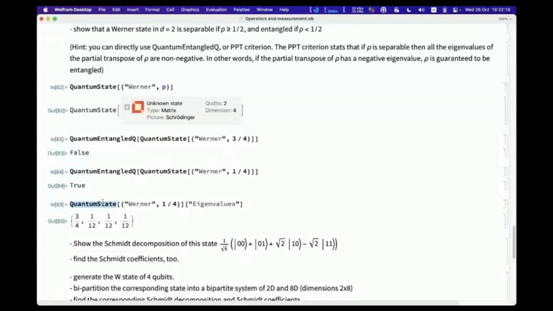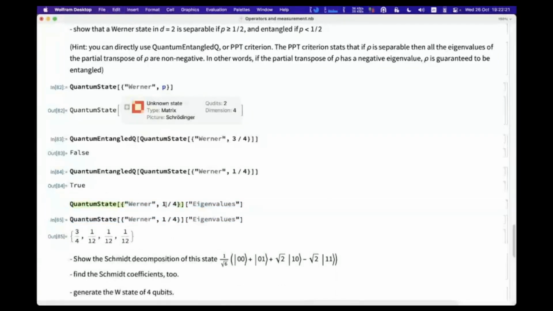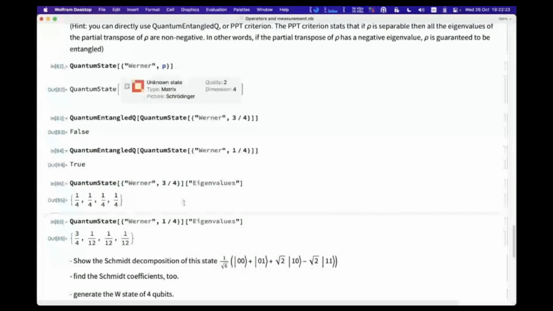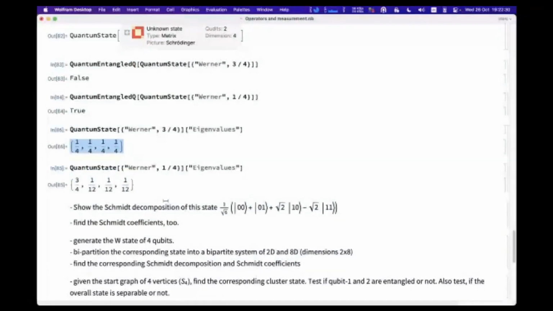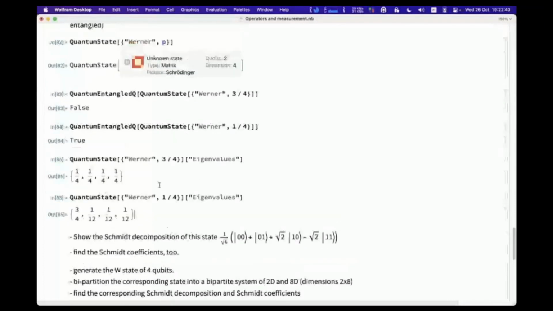And let's look at the case that is separable, more than that. Interesting. Oh, sorry, I forgot. My bad.